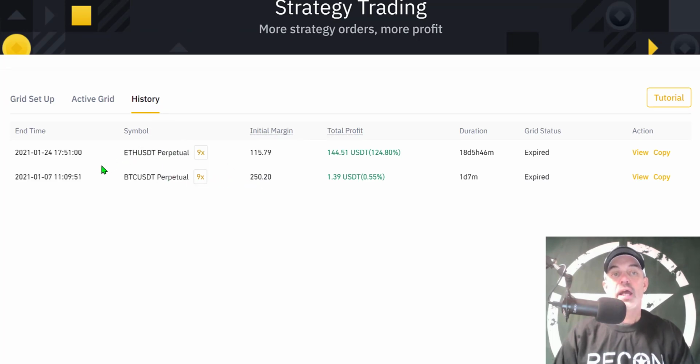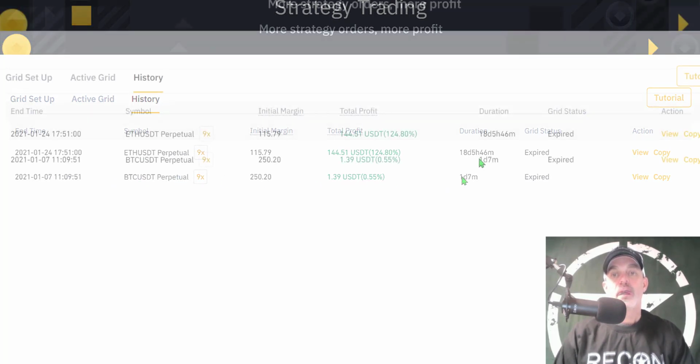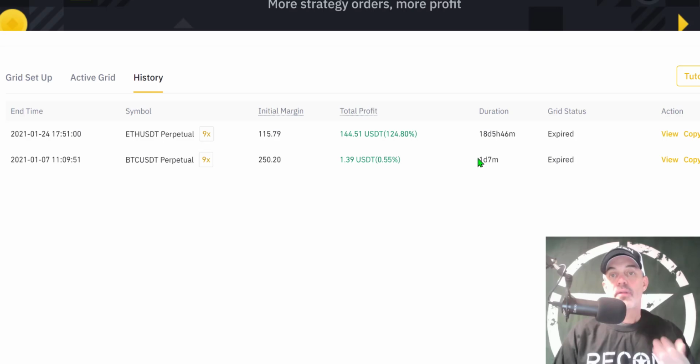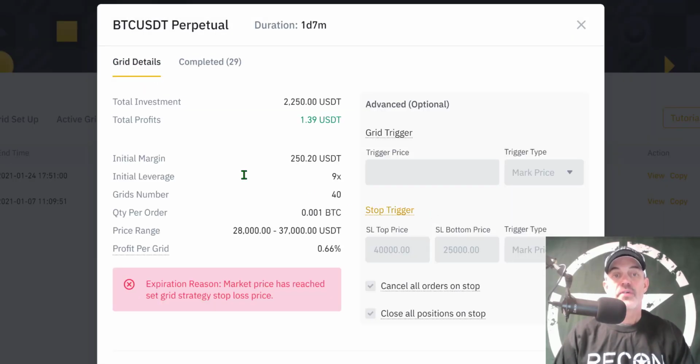The first one I actually deployed was on BTC USDT, and it actually got stopped out really quick. It turns out my upper limit wasn't high enough, and if we look at the view, you can see the reason for expiration, as what they call it, is the market price has reached set grid strategy stop loss price.